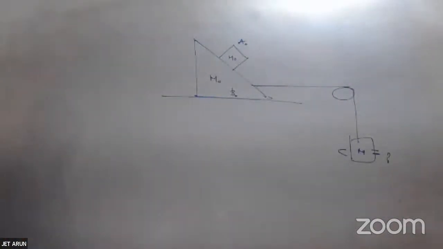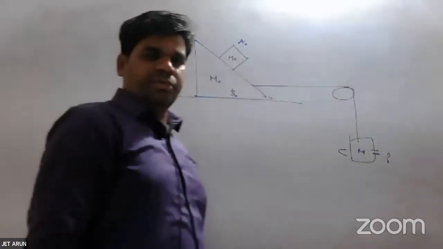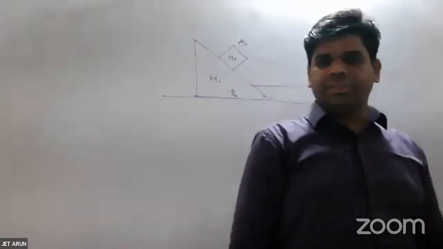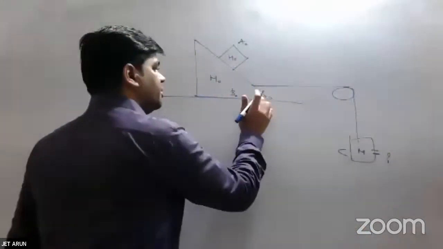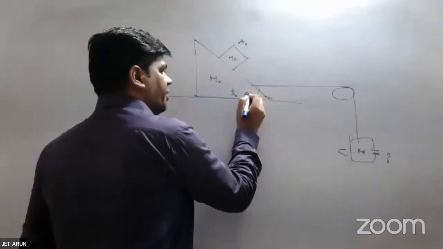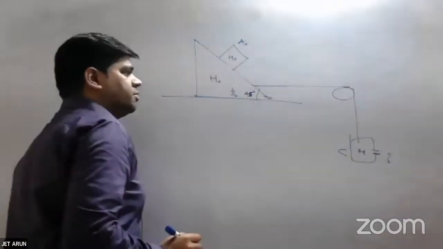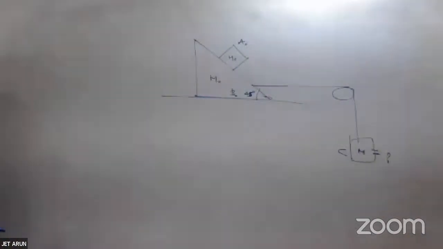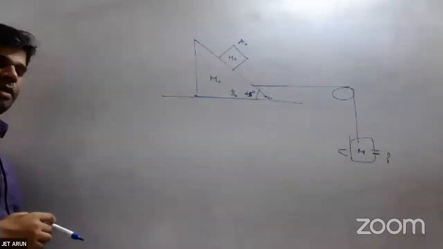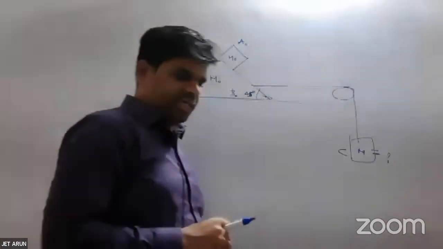Do you all understand the question? Why is it that they'll move together on a certain condition? Okay, the angle I have not given, right? This angle is supposed to be 45 degrees. Now, what should be m such that A doesn't slip over the wedge B? Understand the question first.